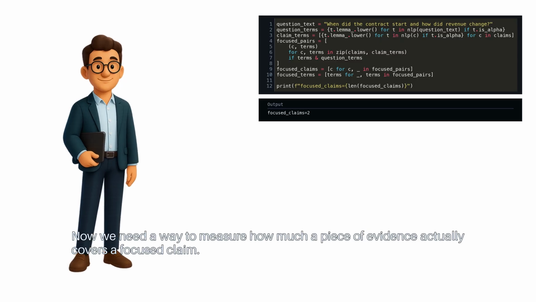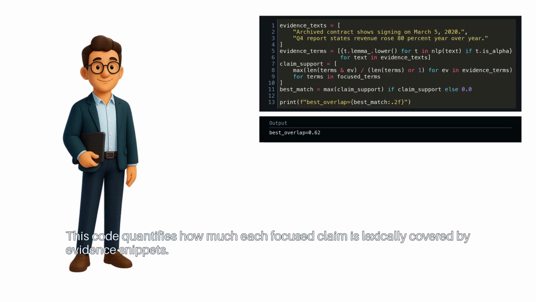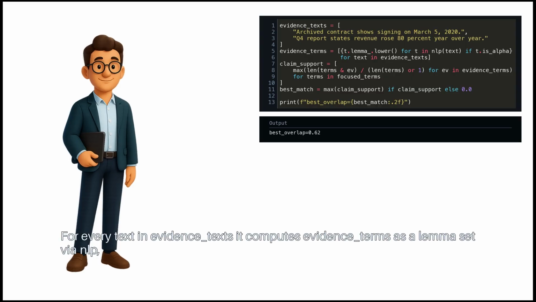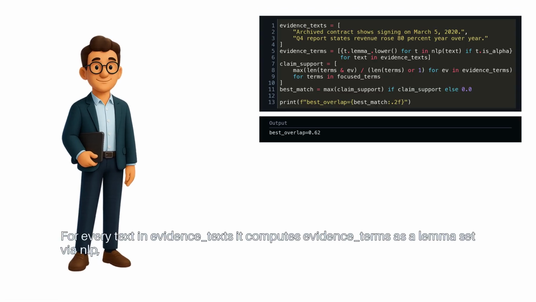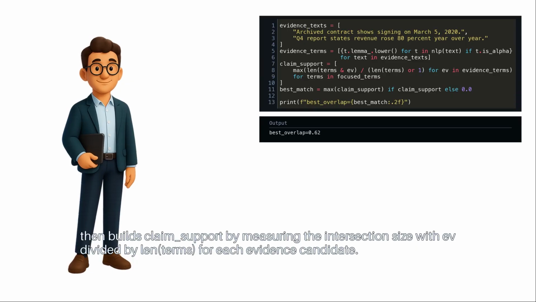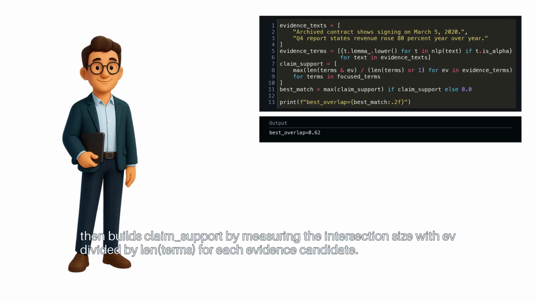Now, we need a way to measure how much a piece of evidence actually covers a focused claim. This code quantifies how much each focused claim is lexically covered by evidence snippets. For every text in evidence texts, it computes evidence terms as a lemma set via NLP, then builds claim support by measuring the intersection size with ev divided by len terms for each evidence candidate.